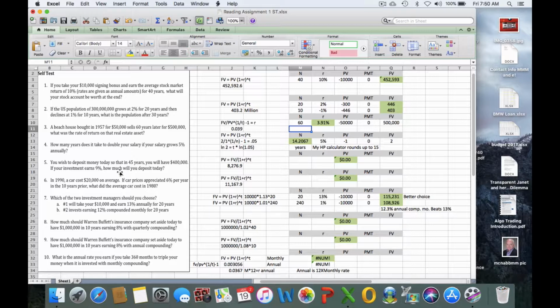You wish to deposit money today so that in 45 years you'll have 400,000. So this is now solving for the beginning of the time period, given that you know the end of the time period, 400,000. So we could just plug into either formula and solve for the unknown, which would be PV. Here, 400,000 divided by 1 plus r to the t. You get about 8,276.